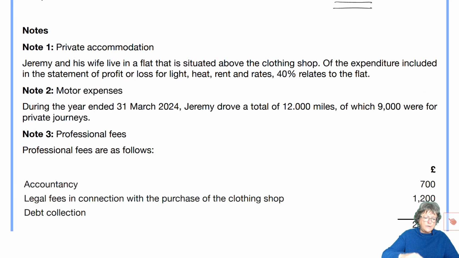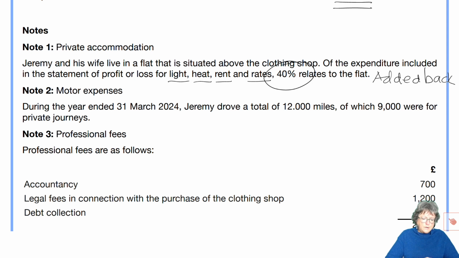We have private accommodation. Jeremy and his wife live in a flat that's situated above the clothing shop. Of the expenses included in the statement of profit and loss for light, heat, rent and rates, 40% relates to the flat and will need to be added back. Note 2, motor expenses.